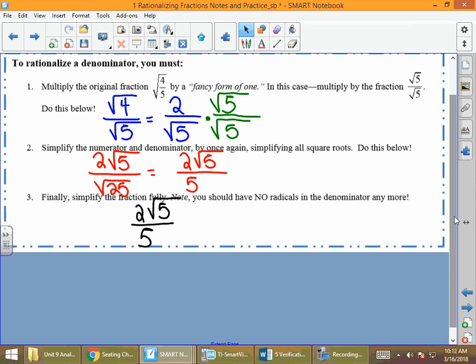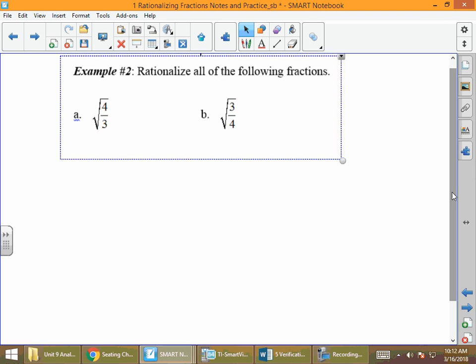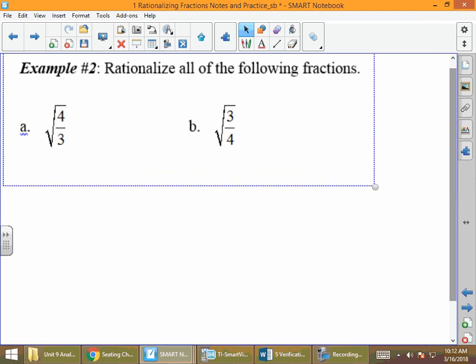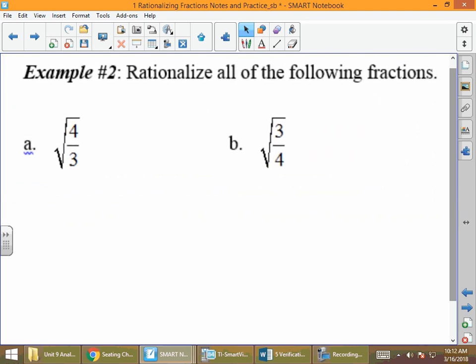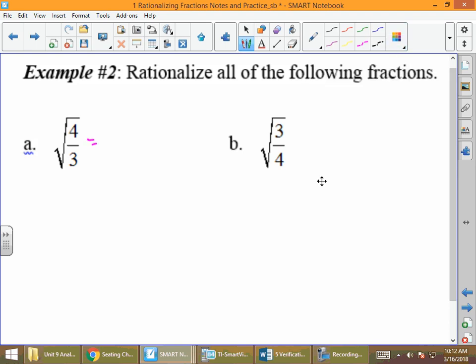So that's our step. Fancy form of 1 is going to be the really important idea behind this. As we look now at some more specific examples, once again, what I recommend is to rewrite the fraction as the square root of 4 divided by the square root of 3.